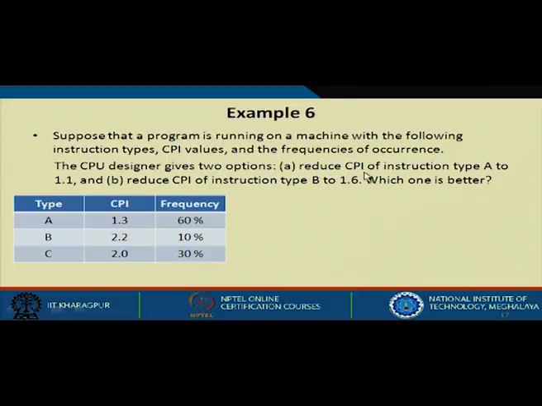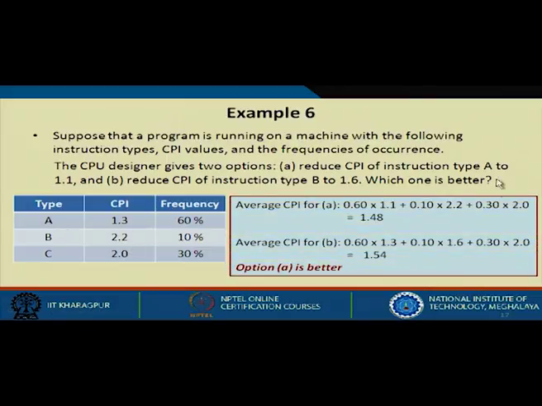The first option is to reduce the CPI of type A instruction to 1.1, and reduce the CPI of type B instruction to 1.6. So, type A is reduced from 1.3 to 1.1 and type B is reduced from 2.2 to 1.6.